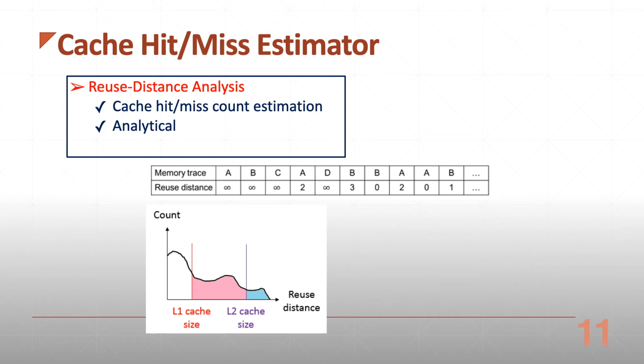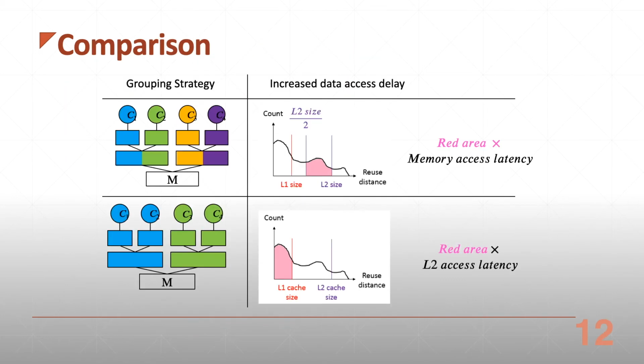Then once the hardware configuration is given, cache hierarchy and sizes are known, we may easily estimate the delay impact of concurrent executions based on the cache miss counts. Here we show 2 examples to explain how to use the reuse distance for delay analysis. For the first example, every core forms a separate group.